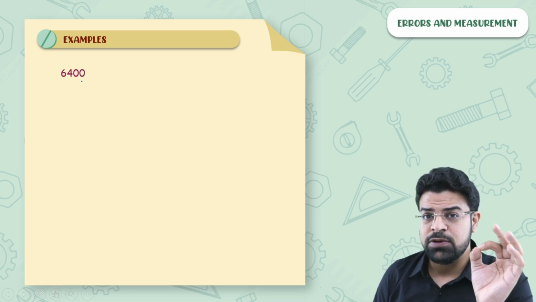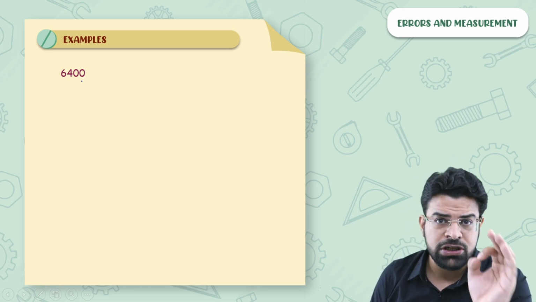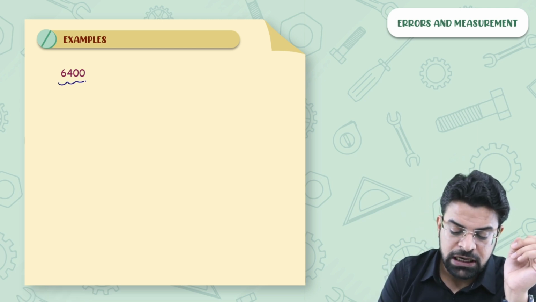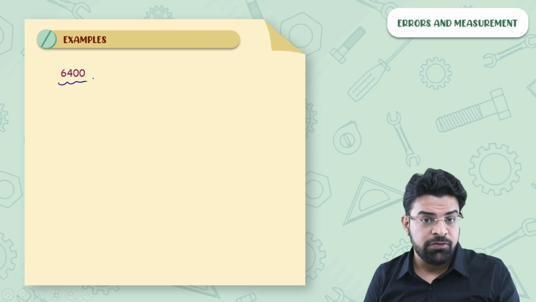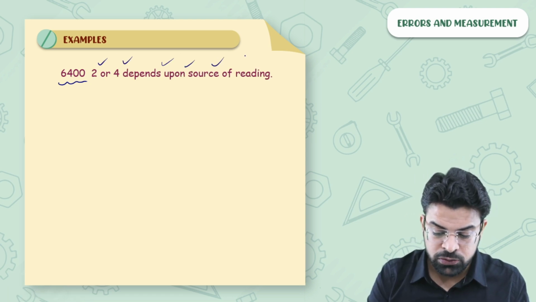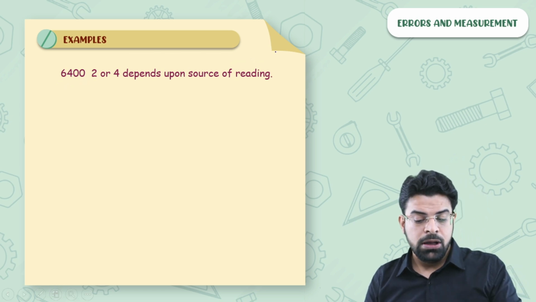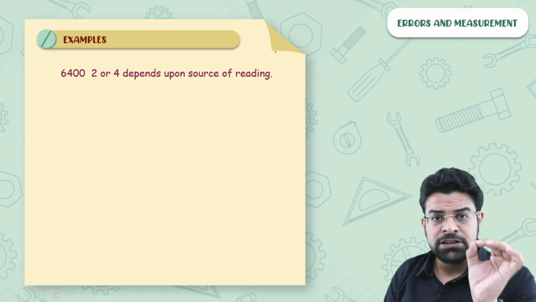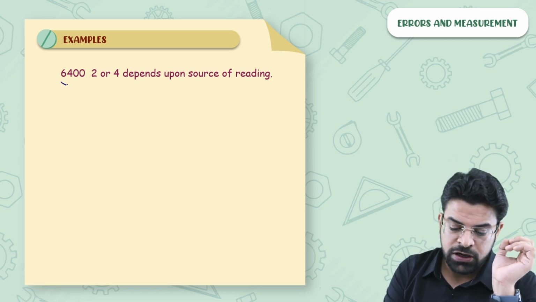But if this 6400 comes from any actual measurement, then we say that all the 4 digits are significant and the number of significant figures will be 4. So 2 or 4 depends upon the source of reading. Personally, if the question comes in NEET, how many significant figures are there in 6400, beta, mark 2.